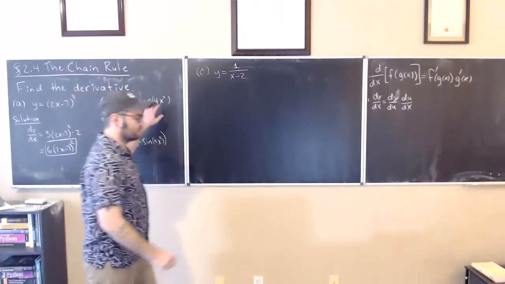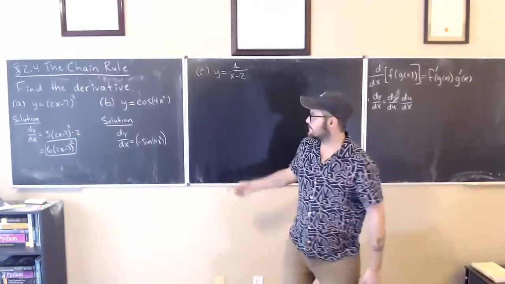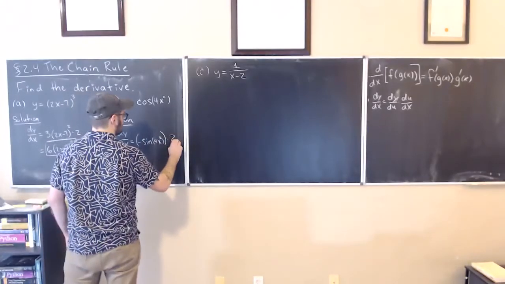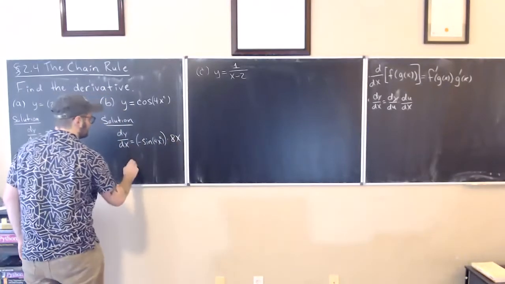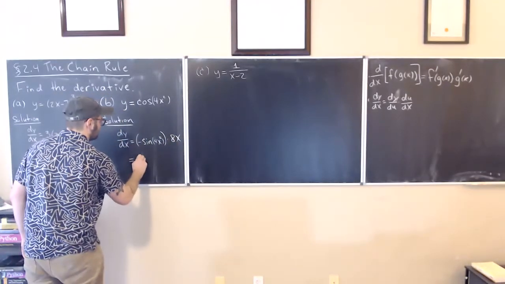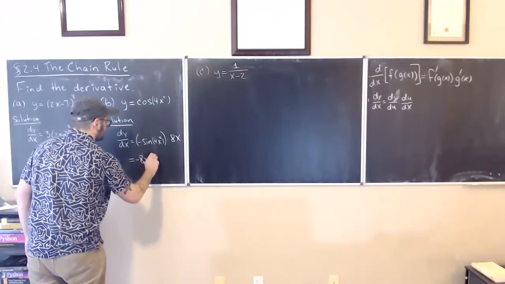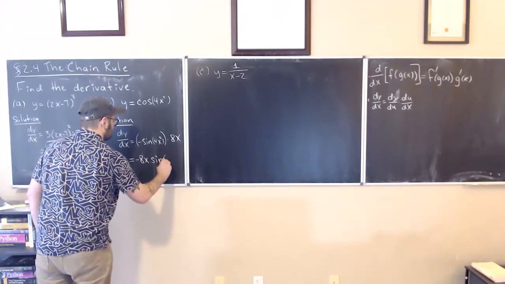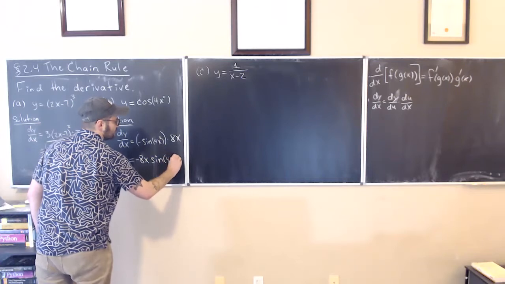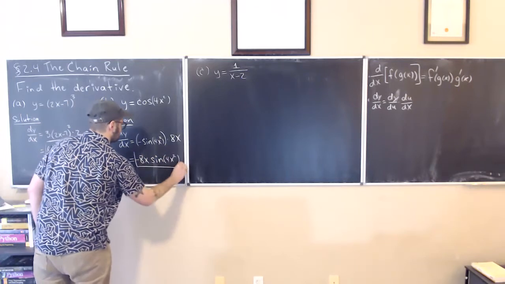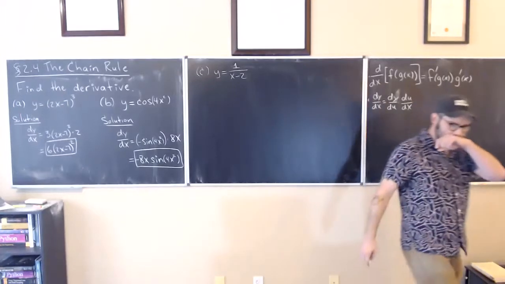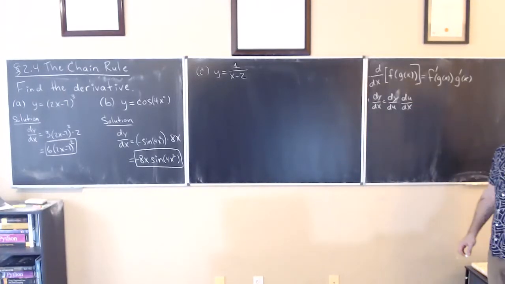And then times the derivative of the inside, so the derivative of u with respect to x is going to be 8x. So if you rearrange this, we'll have negative 8x times sine of 4x squared. Okay.